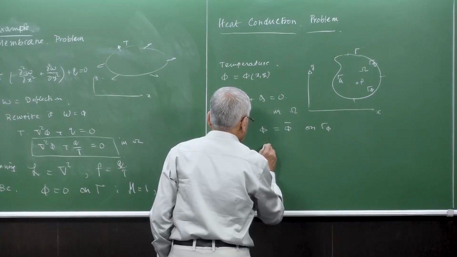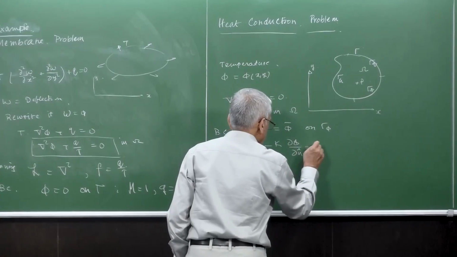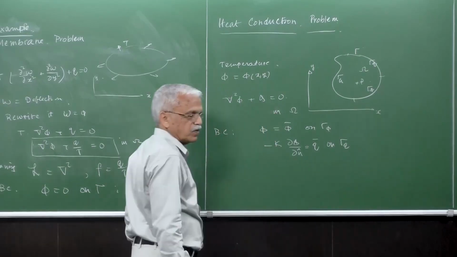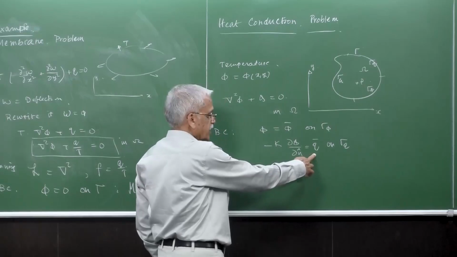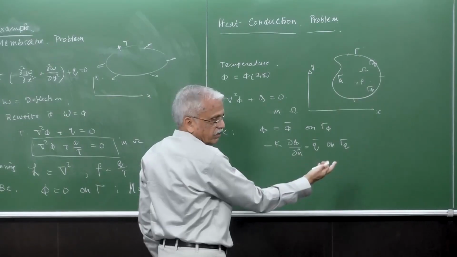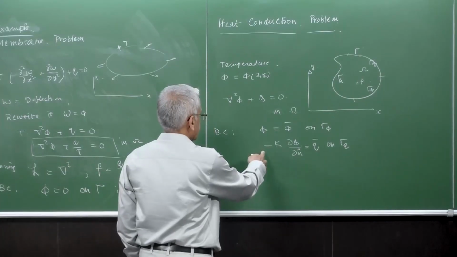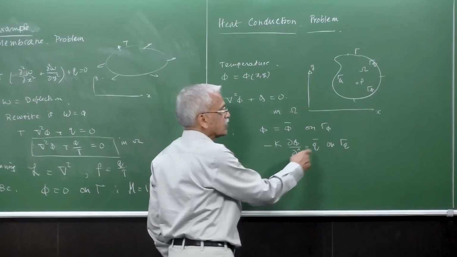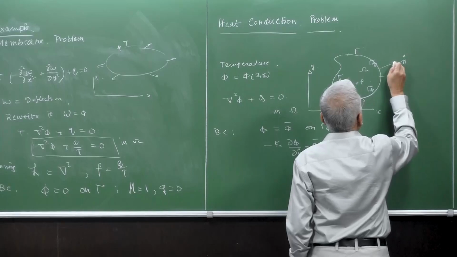Another type is minus k dou phi by dou n is q bar on gamma q, which is the heat flux boundary condition. The amount of heat leaving is defined as q bar. It can even be heat input, then it becomes minus q bar. Minus k dou phi by dou n is the amount of heat leaving in the direction of n, where n is the outer normal.